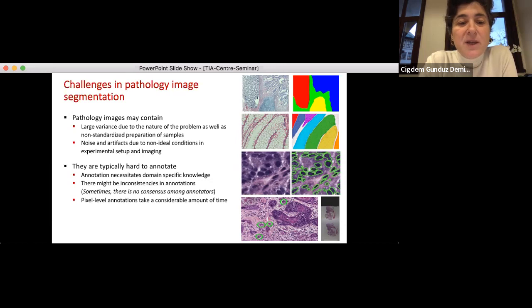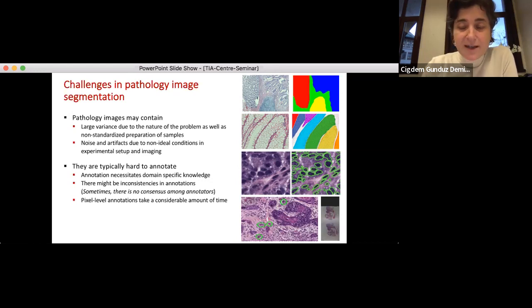So there may be no consensus among annotators, or sometimes there could be inconsistencies in the annotations of the same annotator. So these are all problems. Most importantly, for segmentation studies, we need pixel level annotations, and getting such kind of annotations takes lots of time.